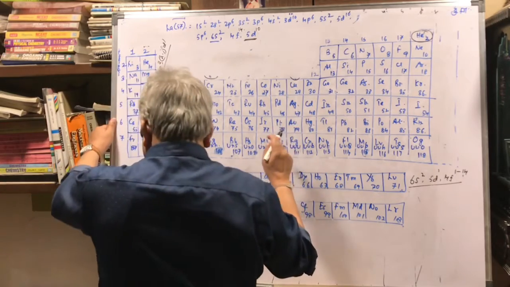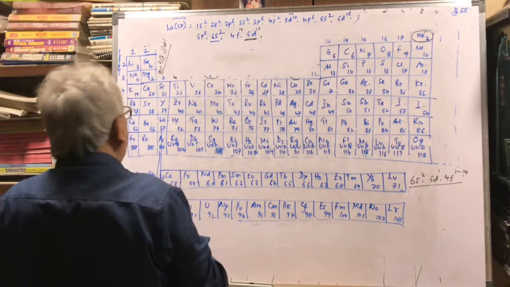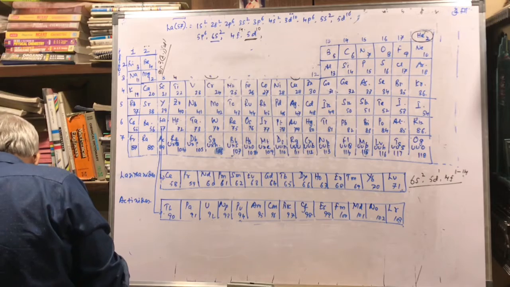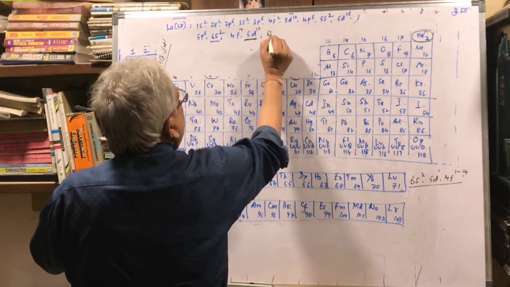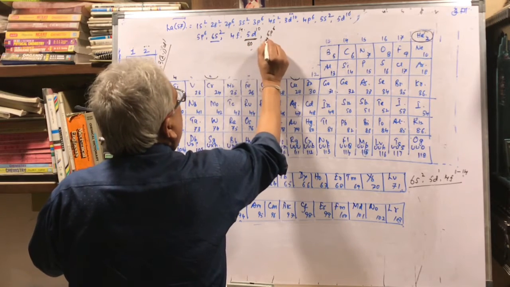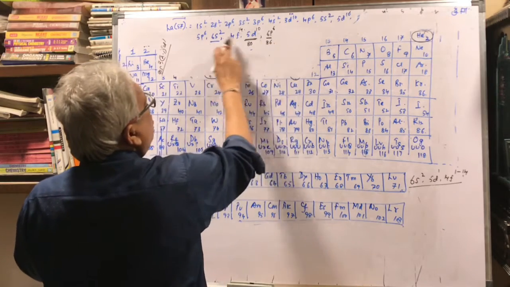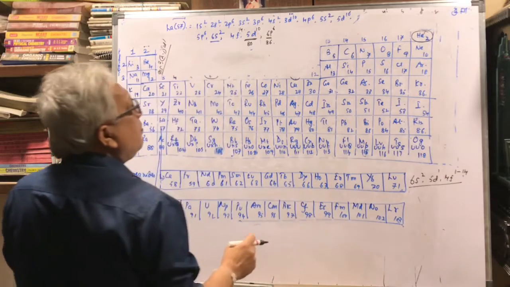After 5d10, the next orbital which is supposed to get filled up is 6p. So 6p6, that is 86. This is ns2 np6, and that is what happens for radon.